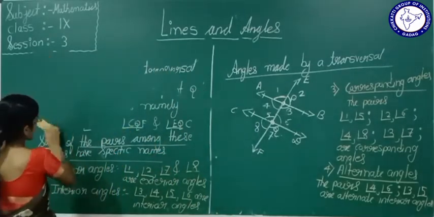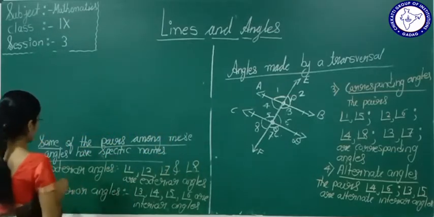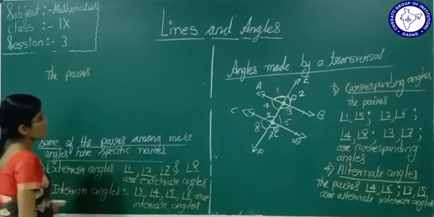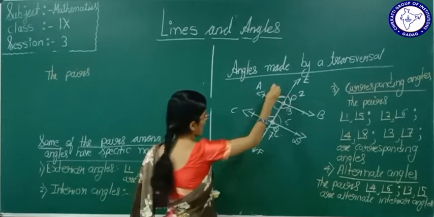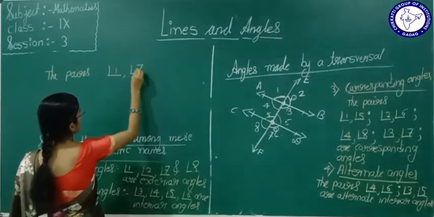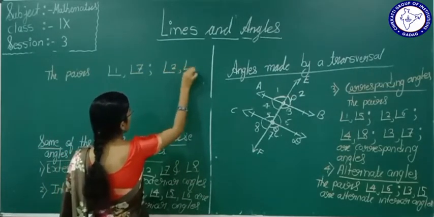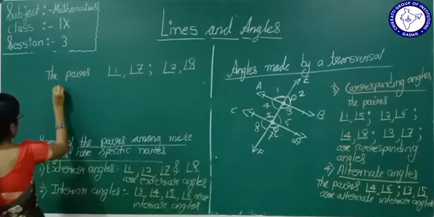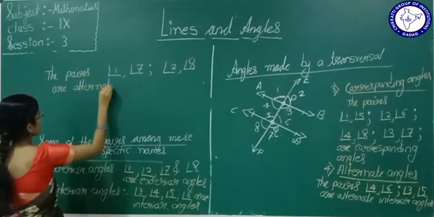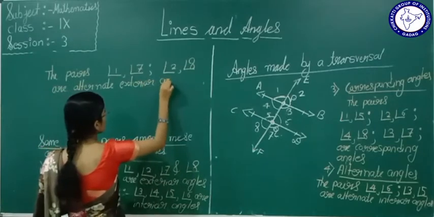Now what will the alternate exterior angles be? The pairs angle 1, angle 7, angle 2, angle 8 are alternate exterior angles.